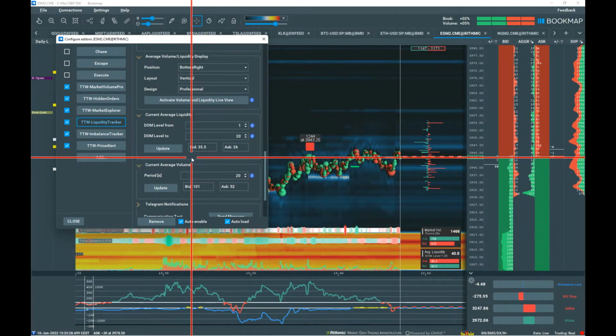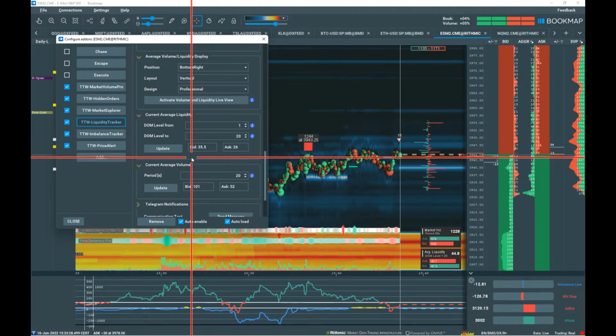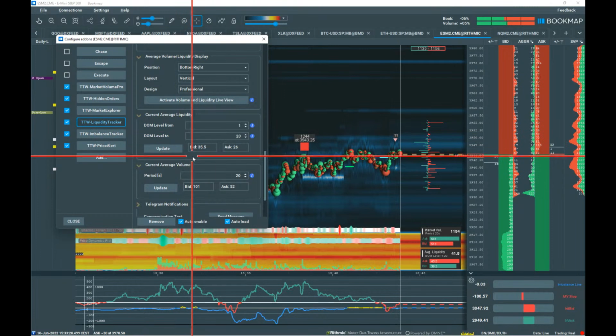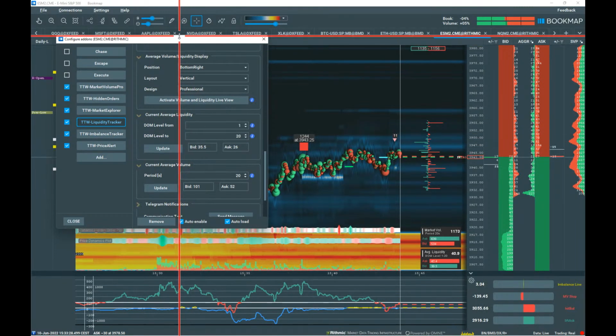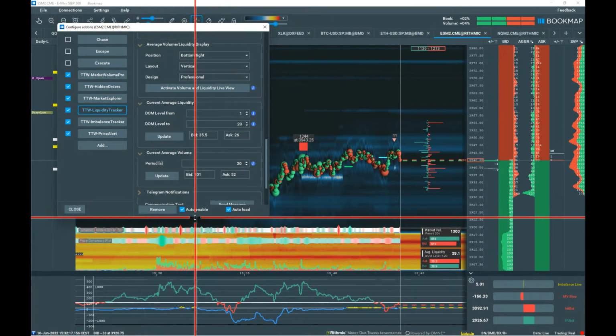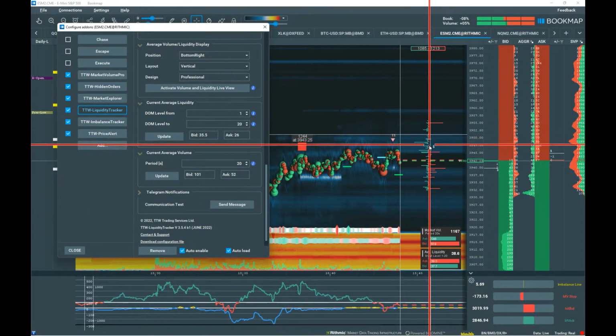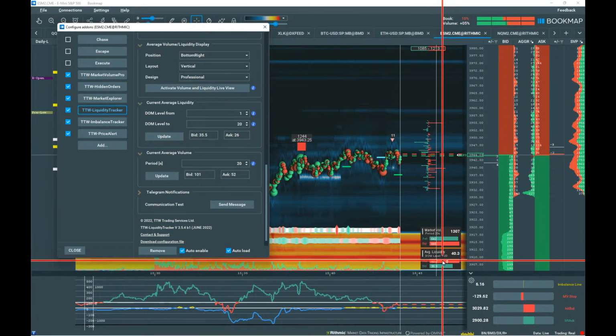It becomes harder with thin volume and thin liquidity instruments, because you will see how fast they are trading if the volume comes in. But anyway, I think it is an extremely helpful tool to let you understand how the market is currently trading.